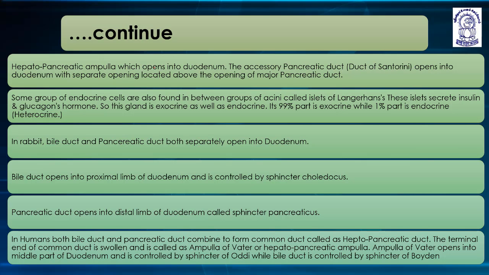The hepatopancreatic ampulla opens into the duodenum. The accessory pancreatic duct, known as the duct of Santorini, opens into the duodenum with a separate opening located above the opening of the major pancreatic duct.